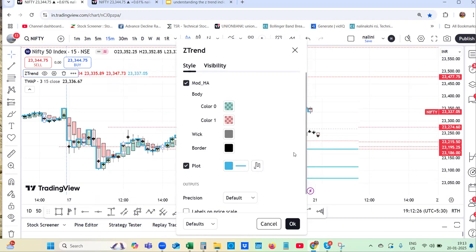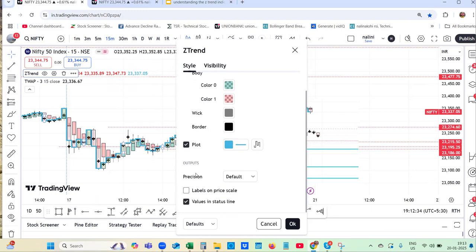That is my intention. You can make it thin or thick. If you scroll down, you can uncheck the labels on the price scale and check the values in the status line. That is enough, otherwise it becomes very cluttered.